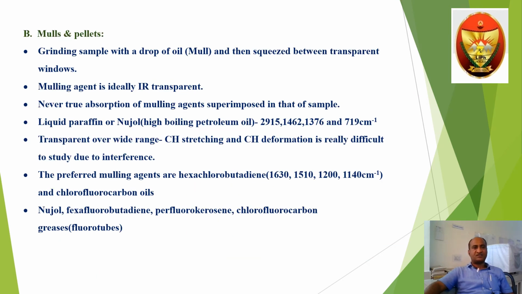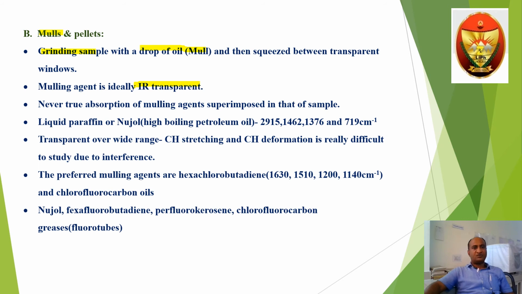Another analysis of the solid sample is by using Mulls or a mulling agent. We grind the sample with a drop of oil, which is known as a mull, and that is squeezed between transparent windows, and then those windows are placed in the IR instrument. For that, the mulling agent should be IR transparent.